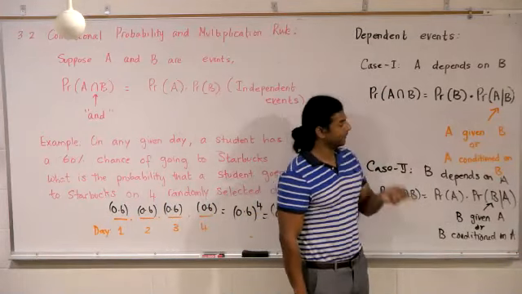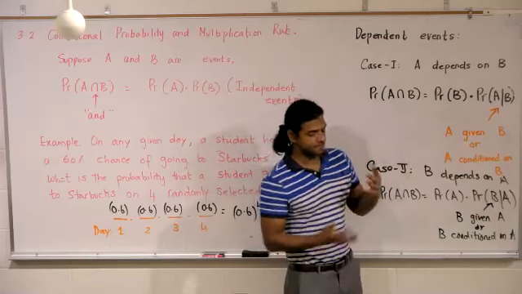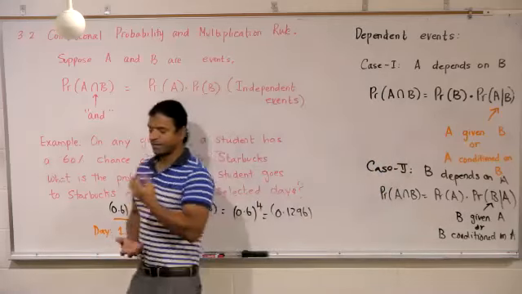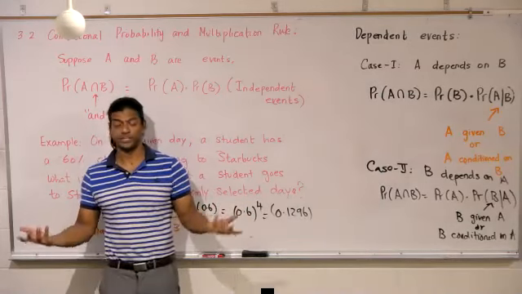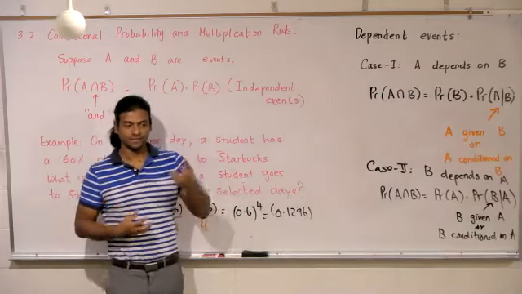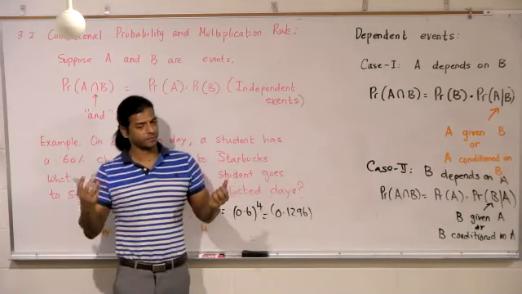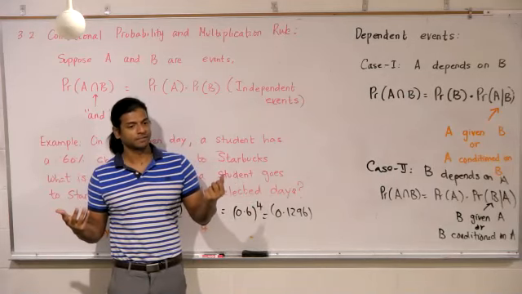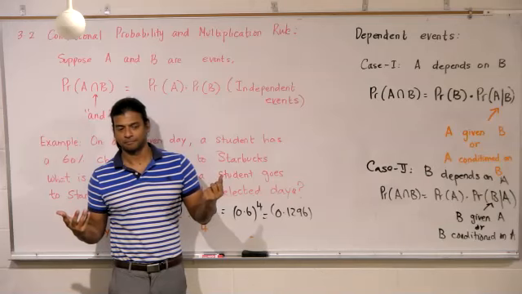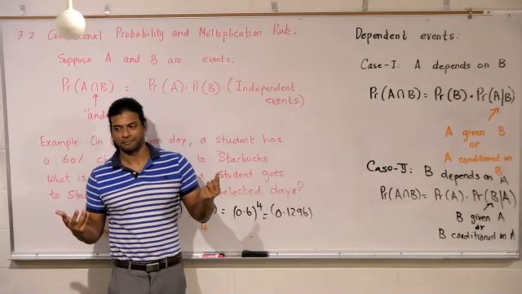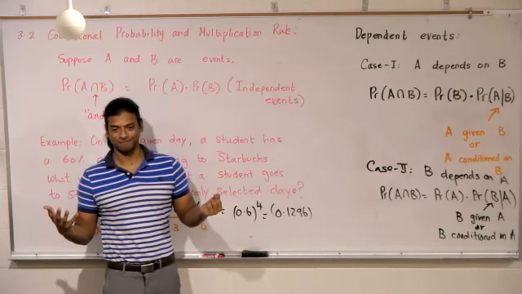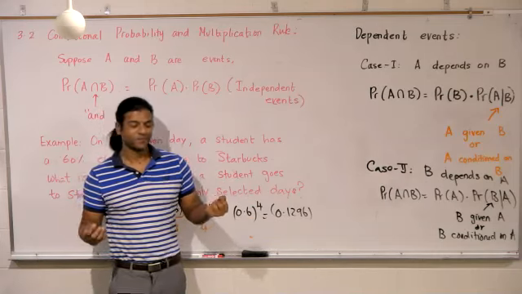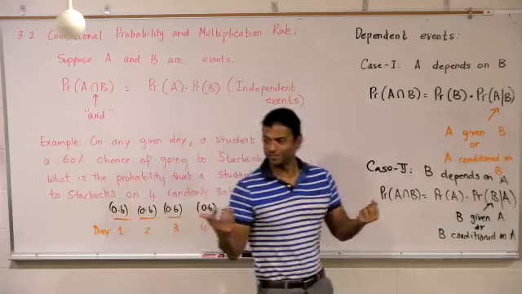One good example, let's say I'm going to take two events, diabetes and gender. Do you think the risk of diabetes would depend on gender? Okay, diabetes and obesity. So there is a correlation with gender also.